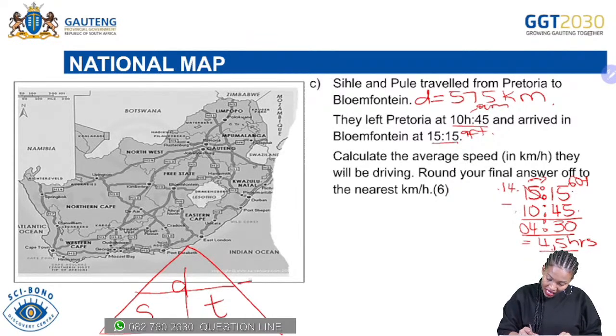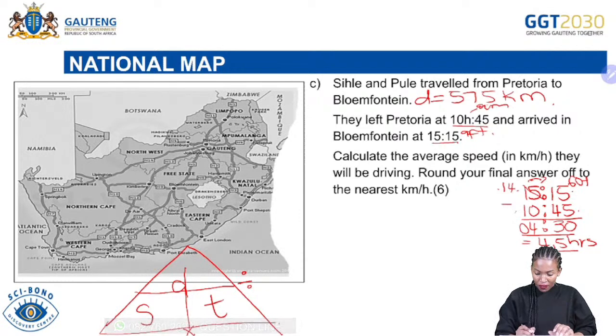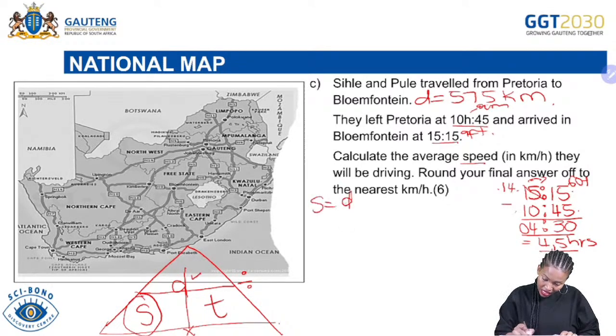You must know that this line means divide, this one means multiply. So in this case, what are you looking for? We must calculate the speed. So if you are looking for speed, speed is going to be distance, and then this line means what? Divide. Divided by what? By time. So speed is going to be distance over time.